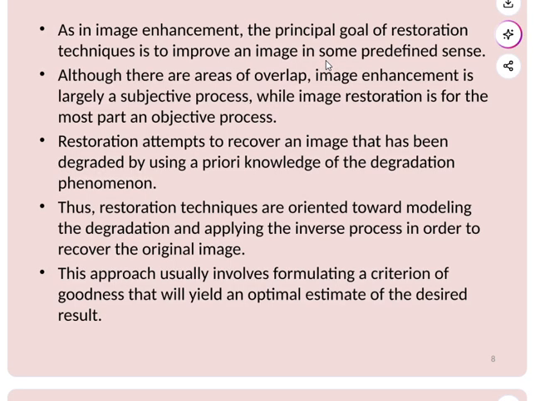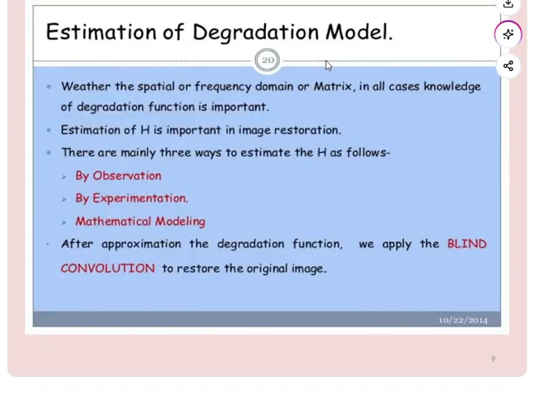Next, we'll discuss the principal goal of image enhancement. It is the technique used to improve the quality of an image, and the approach usually involves formulating a criterion of goodness that will yield an optimal estimate of the desired result.